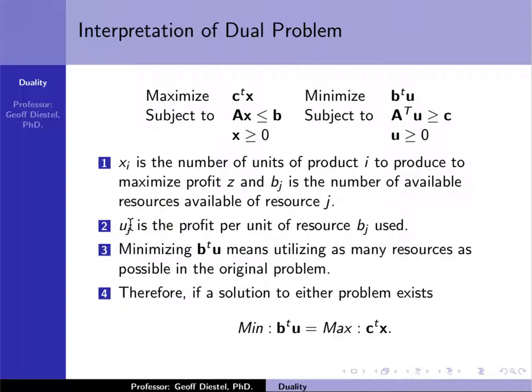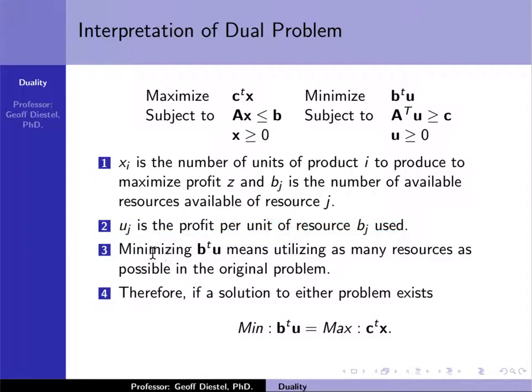So the jth variable of our dual problem is basically profit per unit of resource Bj that's used. So once we solve the problem and we know how many of each resource we've used, we can basically figure out how much profit was obtained by each use of each unit of each resource. And that's basically what Uj is.